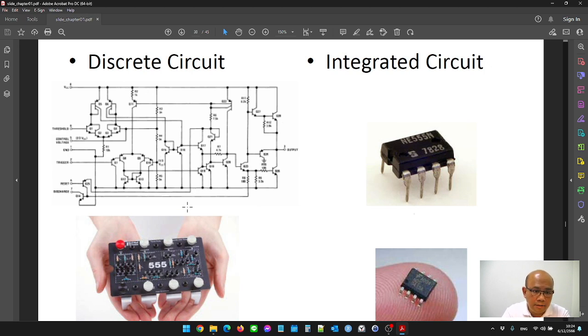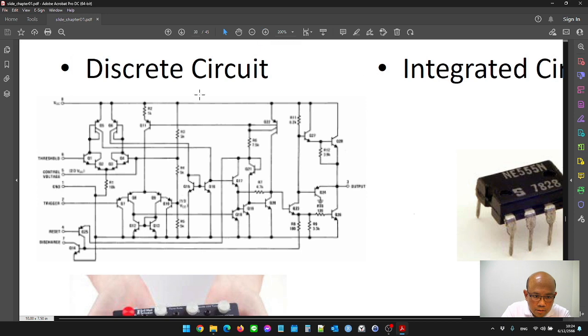Inside the 555 circuit there are a lot of transistors. In this circuit symbol there is transistor 1, 2, 3, 4. I think there are over 20 transistors in this circuit.